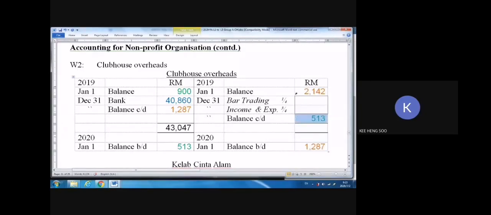I minus this one and minus this one. 40,860. I add, not yet received. I must minus this one, receive in advance. And I minus last year arrears. Then need to add this year's expenses, but paid last year. So use your 43,047 minus here and minus here. You can get the answer. How much is the answer?